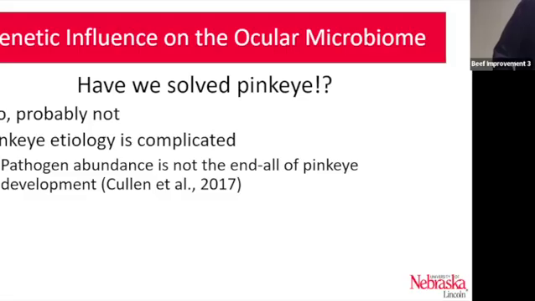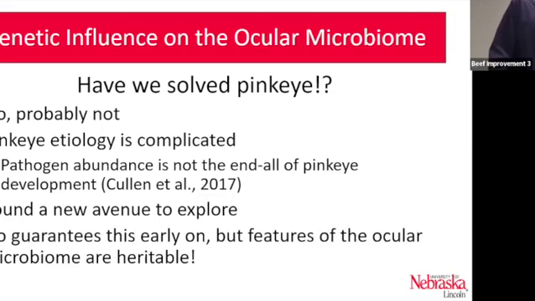Pinkeye etiology, like I said, is complicated. Pathogen abundance is not the end-all be-all of pinkeye development. There's a lot of environmental stuff that comes into play, but we have found a new avenue to explore. There are no guarantees this early on, because like I said, it's the first study to do this, but features of the ocular microbiome are heritable.